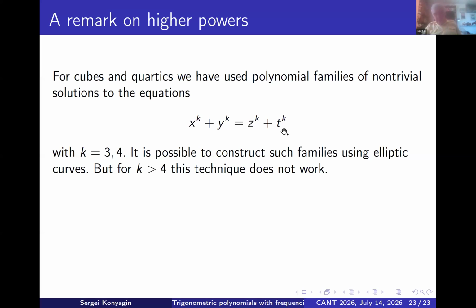I demonstrated some polynomial families, actually discovered by Euler.